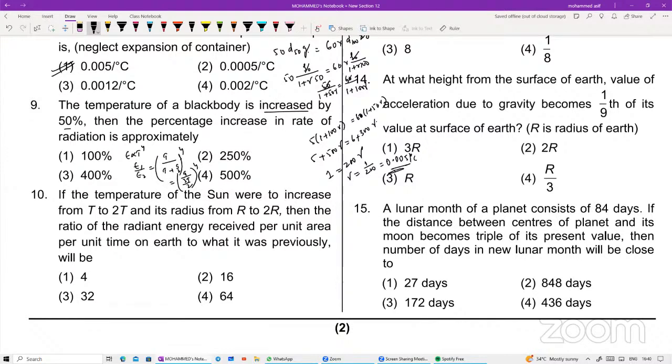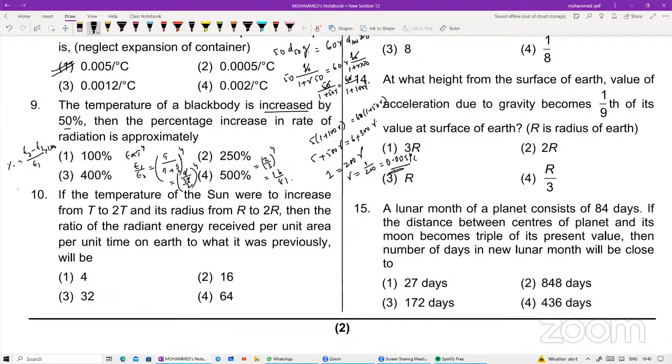So this T and this T will get cancelled. That will come out as 2 by 3 to the power of 4, which means 16 divided by 81. Since percentage increase is asked, I told you always: final value minus initial value, divided by initial value, into 100.